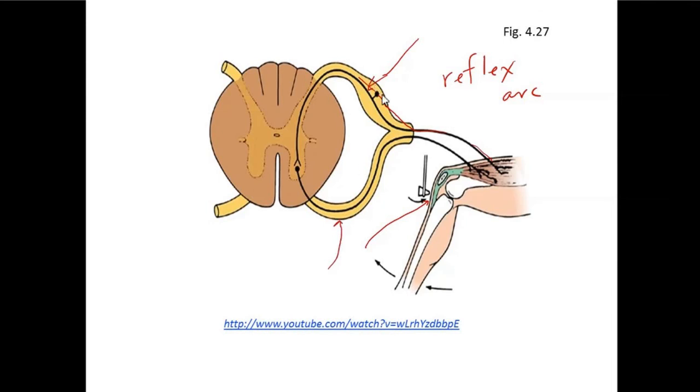This is sensory, this is motor. Okay, so it's going to go back to the dorsal horn, travel down to the motor horn, and induce extension of the knee. Here's a little video clip that pretty much animates that, and that you can watch at your leisure.